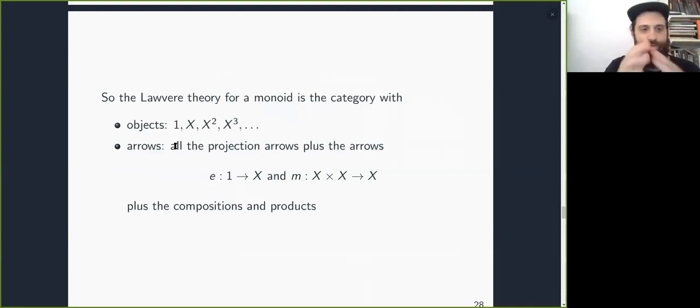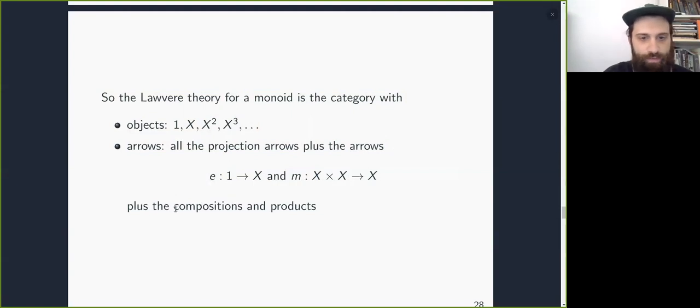So you can forget everything except for a single slot of your tuple. So that's the projection arrows, plus these arrows that I'm sticking in. The projection arrows come for free because a Lawvere theory has to have products, and if you have products, you have to have projection arrows. And these arrows are not for free. This E and this M, I'm choosing to stick in there.